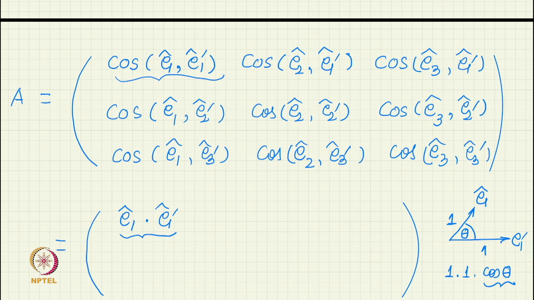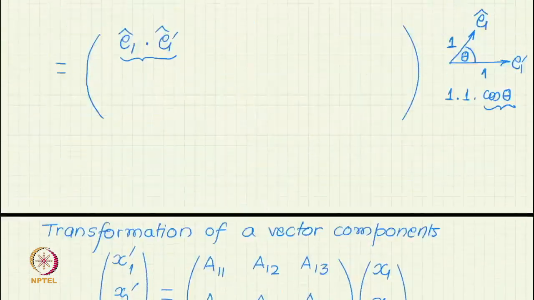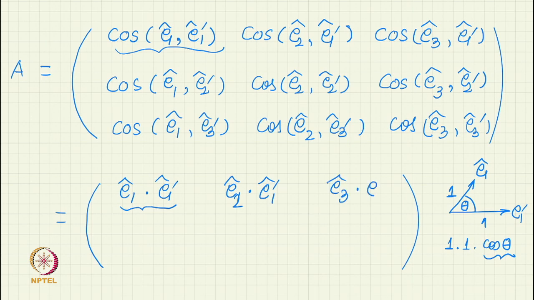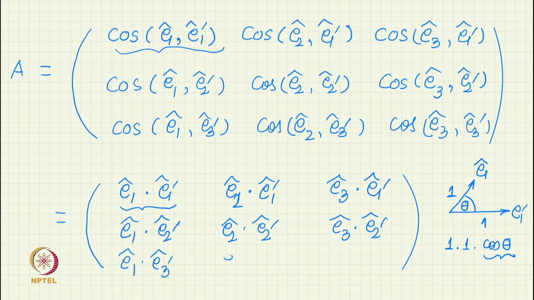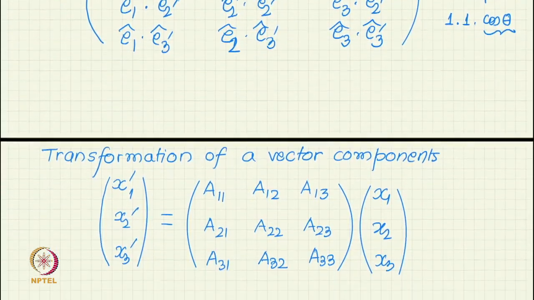So, instead of cosine we can write them as dot products also. We can write E2 dot E1 prime, E3 dot E1 prime and so on. So, it is a matrix of dot products, that can be another interpretation.